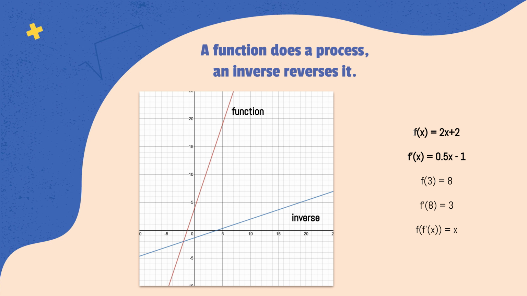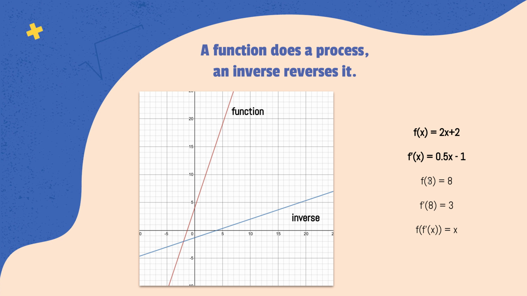So for example, if f of x is 2x plus 2, f dash or the inverse would equal 0.5x minus 1. So f of 3 equals 8 and f dash of 8 equals 3.